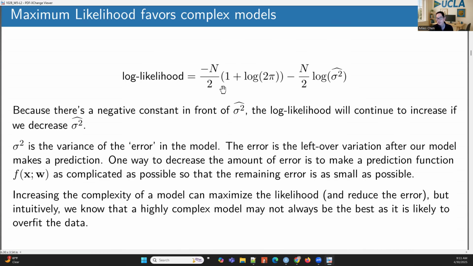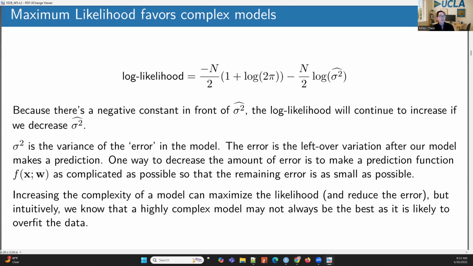Okay, so these are all constants over here, but if we're trying to say we want to maximize the log likelihood of our model, we would want to have as small of a variance term as possible. Okay, and so this sigma squared, that's the variance of the error in our model.